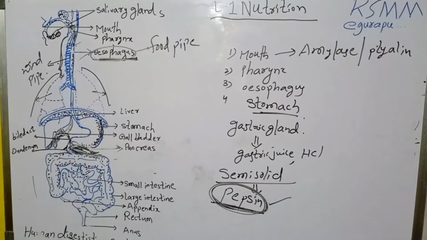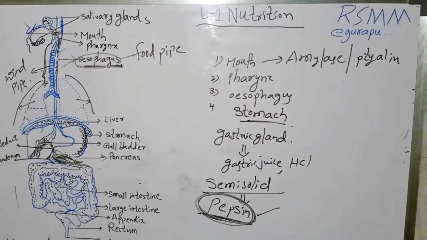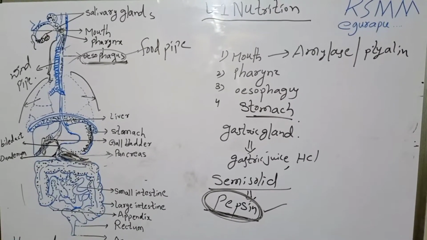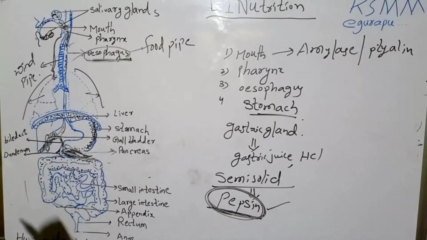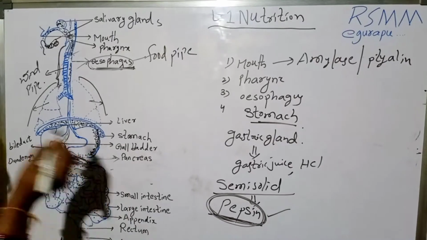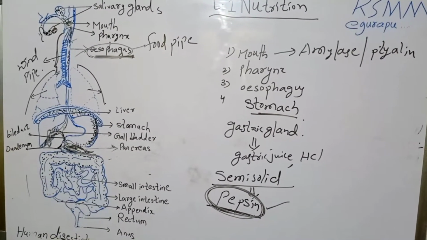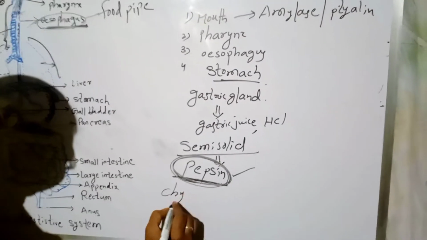Food is in the form of a soft slimy substance when some proteins and carbohydrates have already been broken down. So in that situation, food is in a slimy state. This is called chyme.